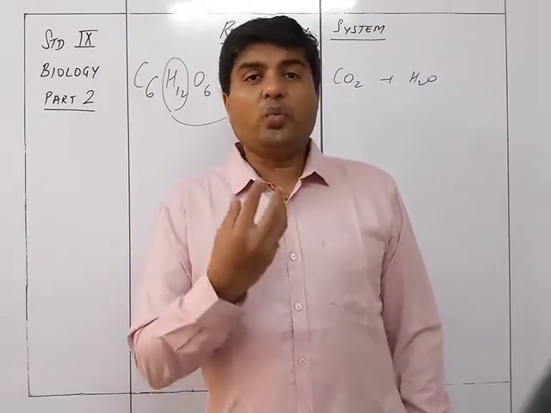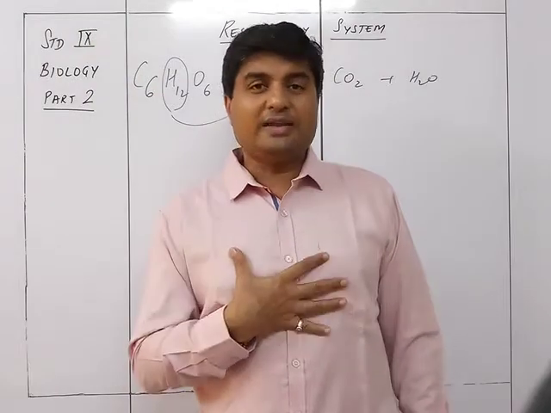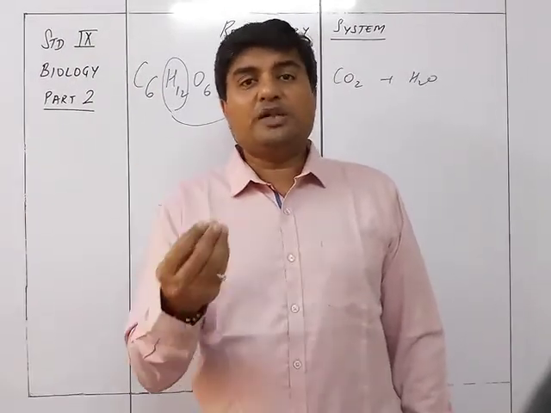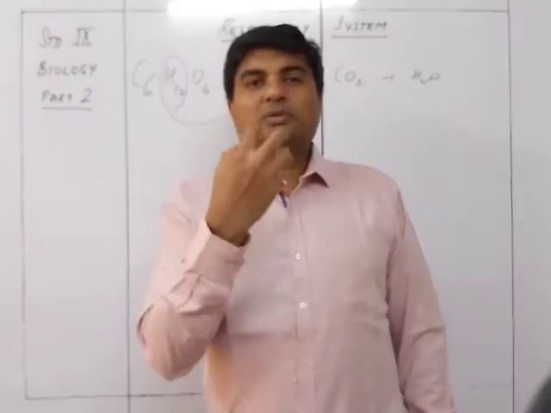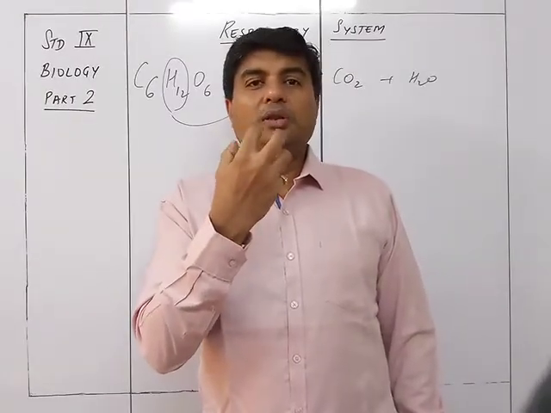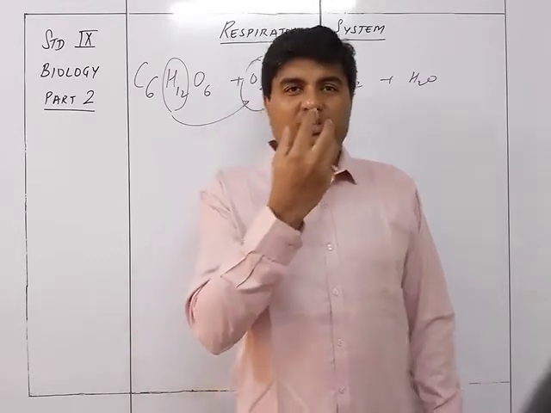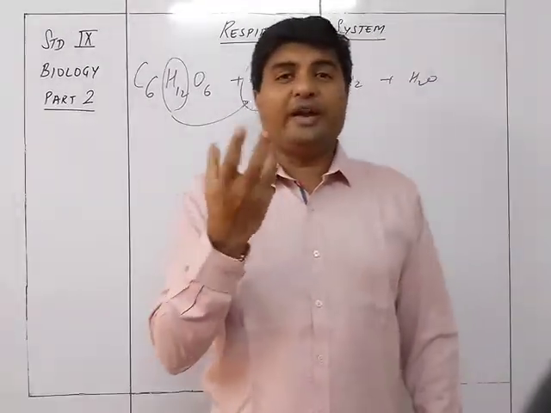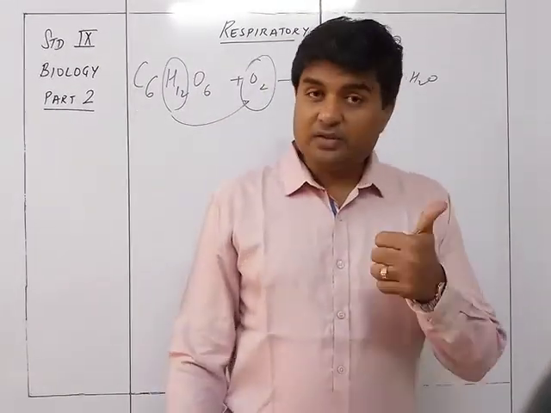We don't want a very cold thing suddenly entering our organ system and creating any problem. So the air which goes there almost gets converted to body temperature, equal to the body temperature. That's why the warming up of the air is required, and then it passes further. So the first thing is the warming.